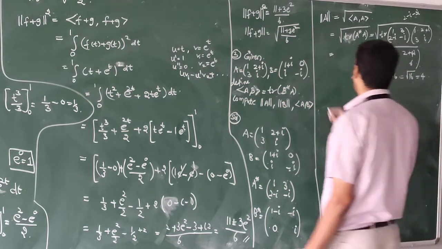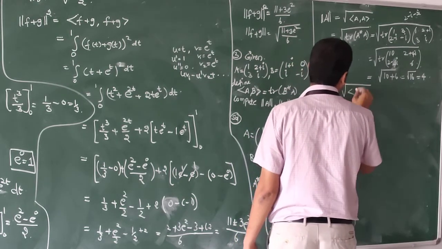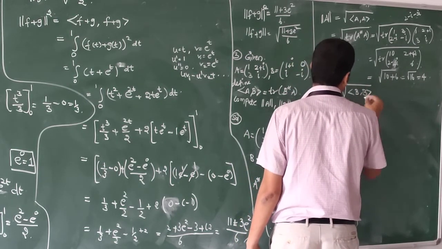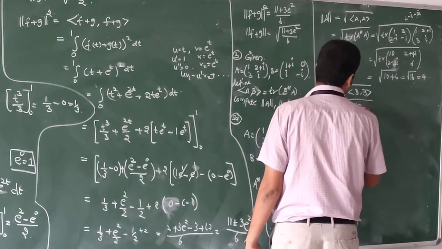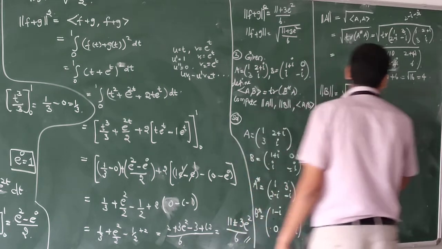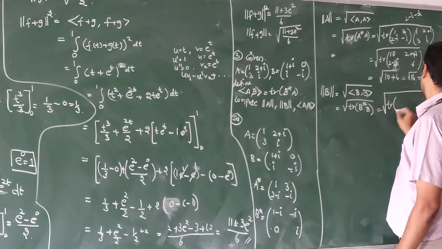Likewise, you have to find for norm B. So, that is nothing but root of B comma B is nothing but root of trace of B star into B. So, what is B star?